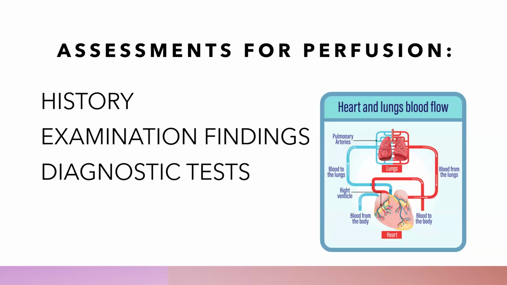With perfusion, unfortunately, it covers a wide range of things that we have to assess. Our examination is not going to just be cardiovascular or heart. It's going to also cover skin. It's going to cover lungs. It's going to cover the end organs. What is the color of the skin? What is the warmth of the skin? What is the temperature? What is the capillary refill?